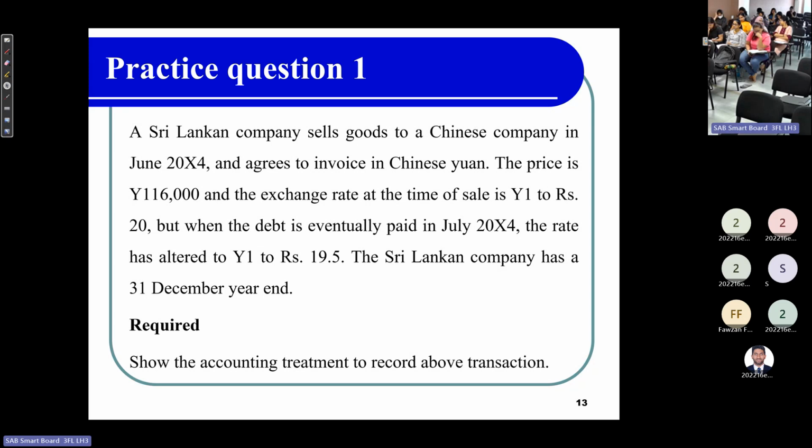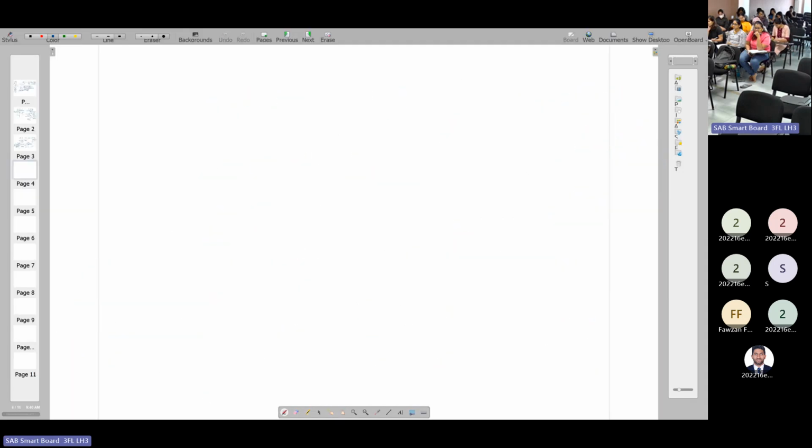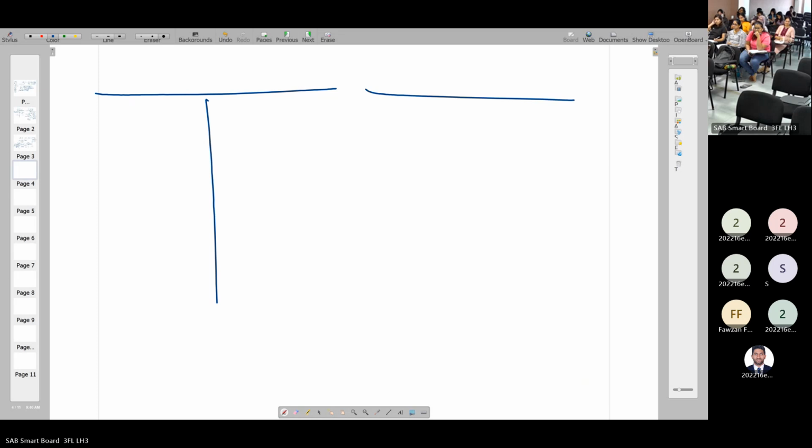So the accounting treatment, the double entry. I will go to my whiteboard. Here, sales, debtors.